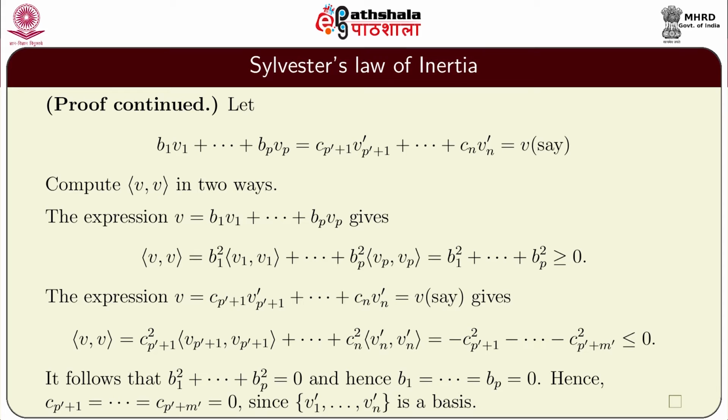On the other hand, the expression v is equal to c_{p'+1} v'_{p'+1} plus dot dot dot plus c_n v_n' gives inner product <v, v> is equal to c_{p'+1} squared inner product <v'_{p'+1}, v'_{p'+1}> and so on, c_n squared inner product <v_n', v_n'>, and finally we get minus c_{p'+1} squared minus etc. up to minus c_{p'+m'} squared, and that is less than or equal to 0.